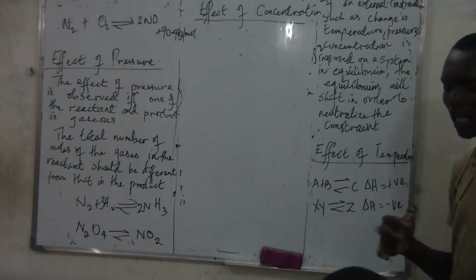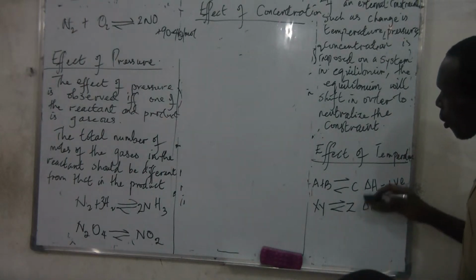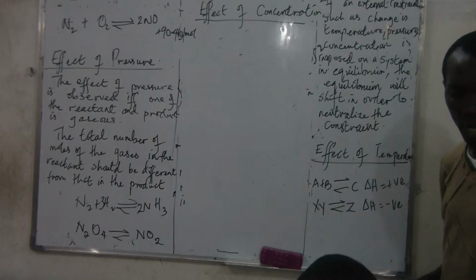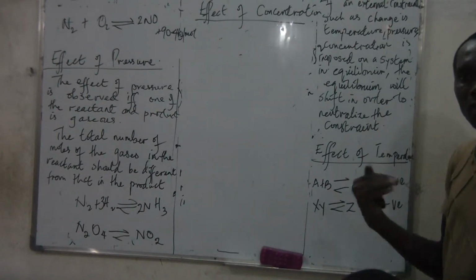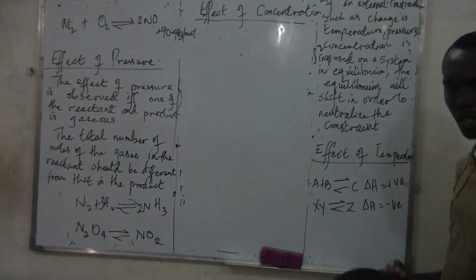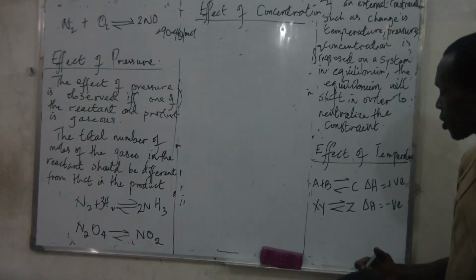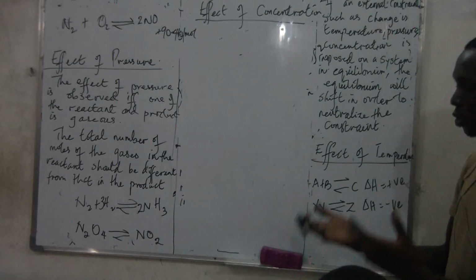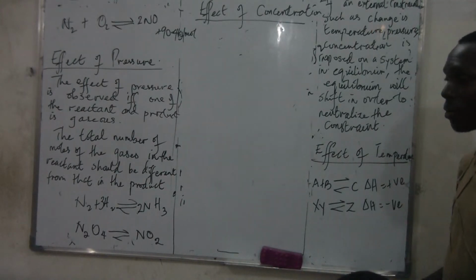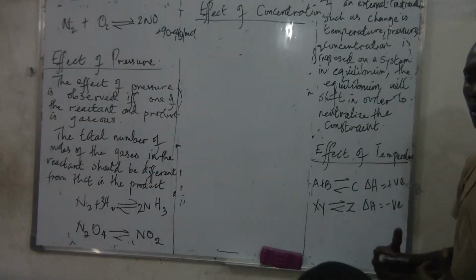The first thing we'll look at is the nature of the chemical reaction involved here. A system can either be endothermic or exothermic. An endothermic system is one in which energy is absorbed into the system. There is a net gain of energy. While an exothermic system is one in which energy is given out.